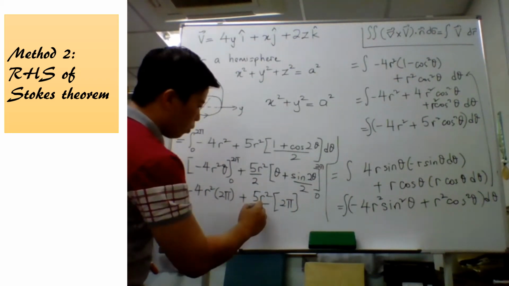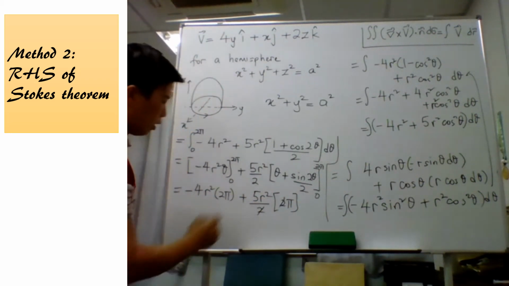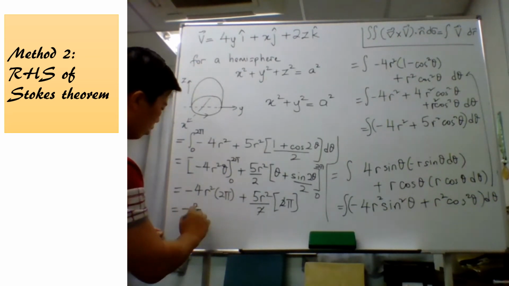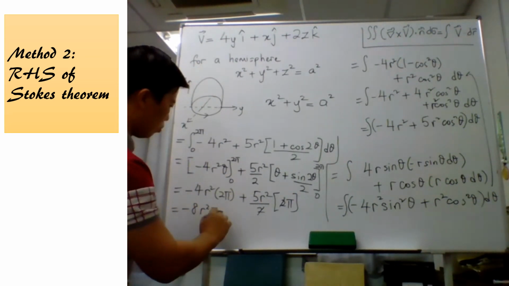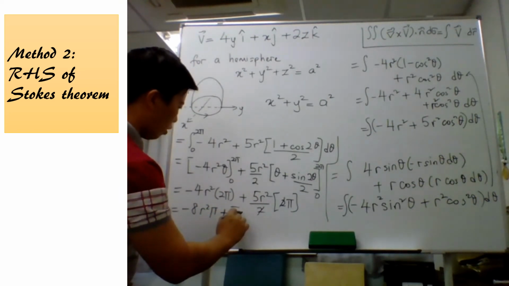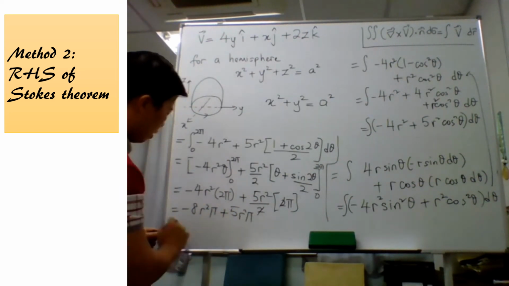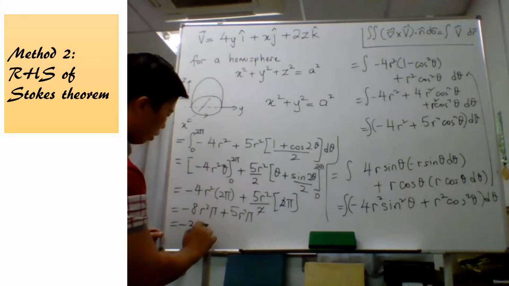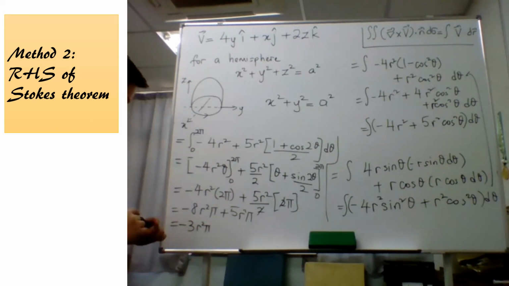Here you get minus 8r squared pi plus 5r squared pi, and the total will be negative 3r squared pi.